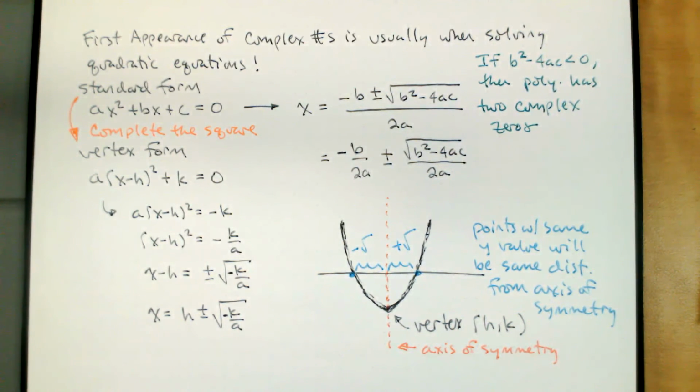The reason I prefer to do this is that now our quadratic formula has a minus b over 2a plus or minus some stuff. And from our vertex form, we can see a plus or minus some stuff.